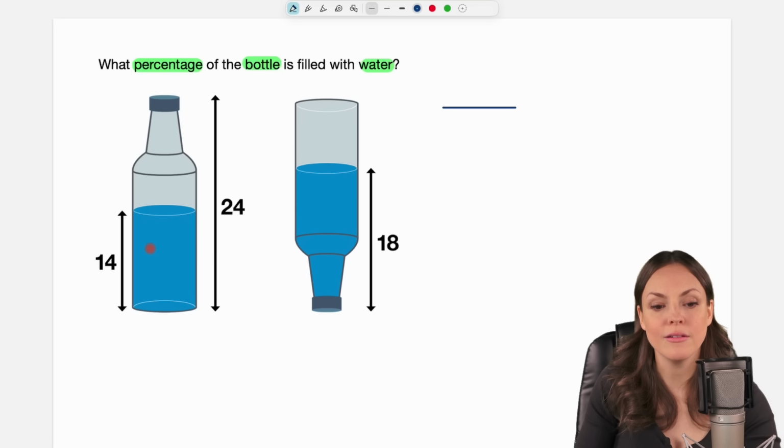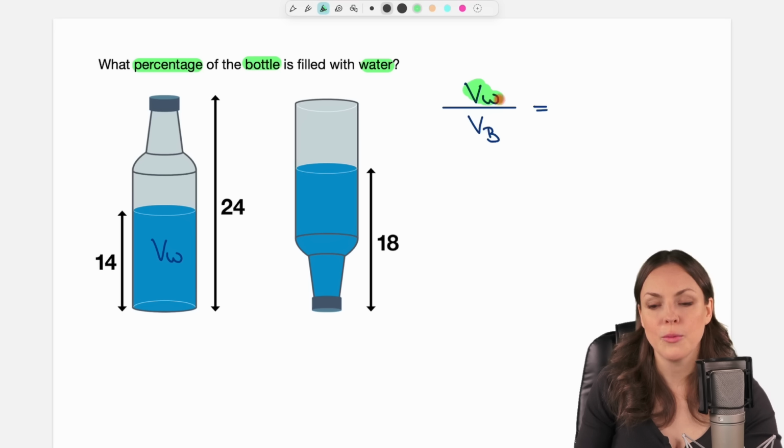So I need the volume of the water in here. I take this volume of the water and divide it by the volume of the entire bottle that I call VB for the bottle. We need to find this fraction. Okay, maybe let's start with the volume of the water.